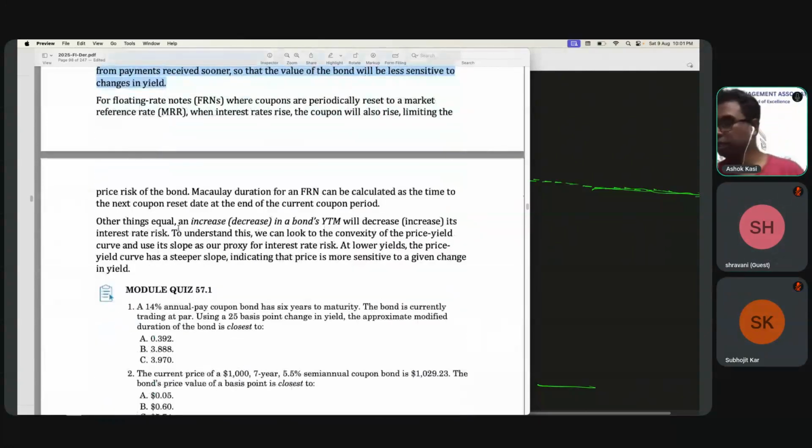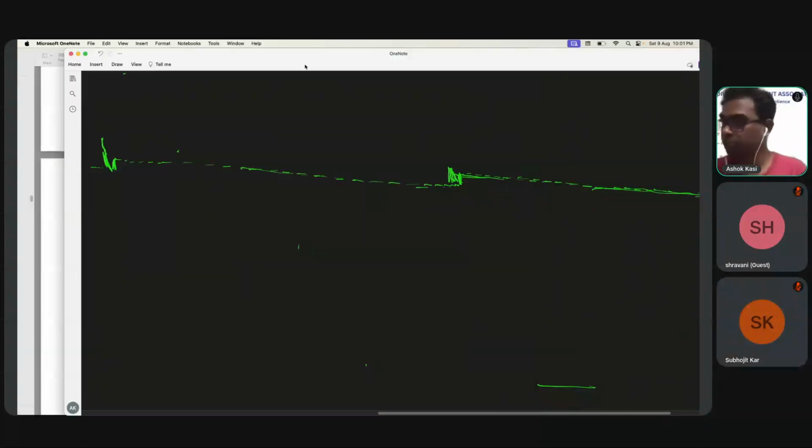Then for your floating rate bond, Macaulay duration is equal to the time to the next reset date. Because remember, your floating rate bond will be repriced to par at every reset date.